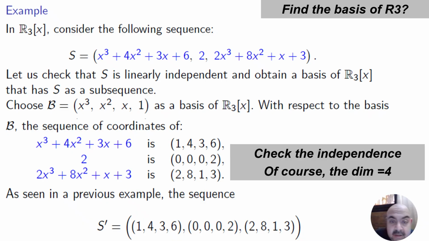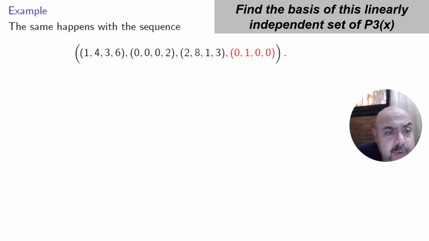Let's check, using the same vector coordinates, and I would add 0, 1, 0, 0, just in case, in order to check if this is going to cover R4 or not.